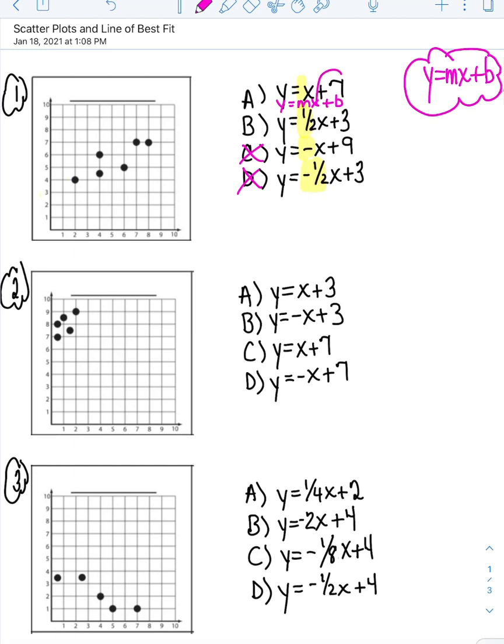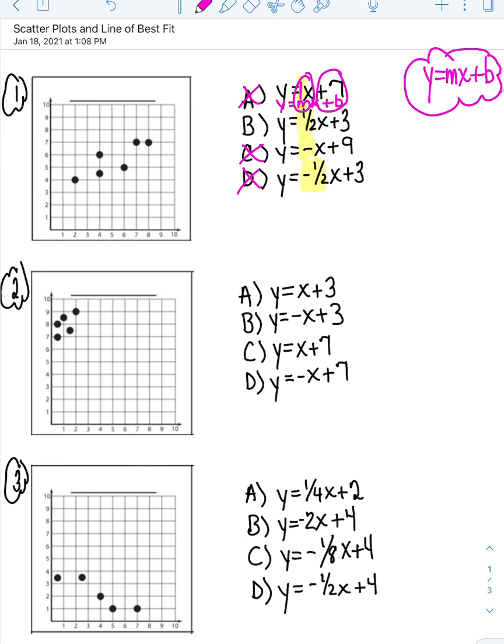That tells me to start with my 7, which is my y-intercept. So I'm going to plot the 7, and my slope, there's nothing there, so it's a positive 1. Rise 1, run 1. If I draw that line, does that match up with my scatter plots? No, it doesn't. So more than likely that means A is not a good choice.